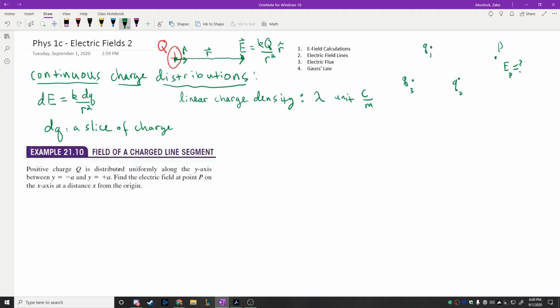So just to give you an example, let's say you have a rod, and I tell you that the rod is 2 meters long, and that it contains charge. It's got some charge, and I tell you that that charge is uniformly distributed. That means throughout the rod, you've got a certain amount of charge per unit length.